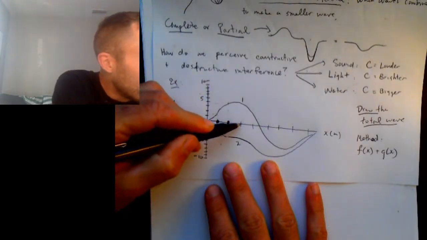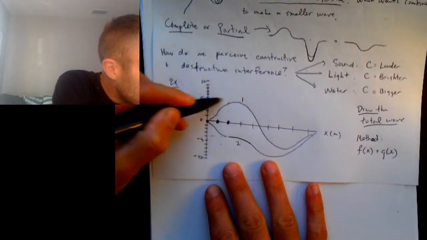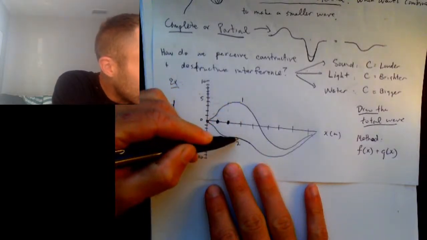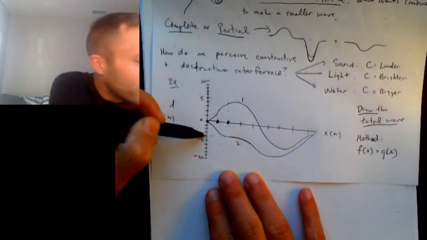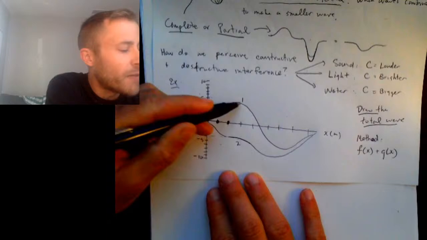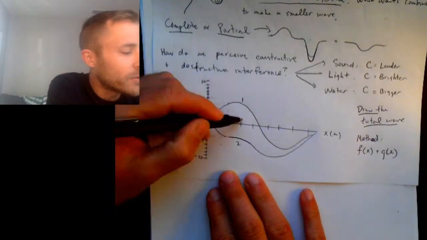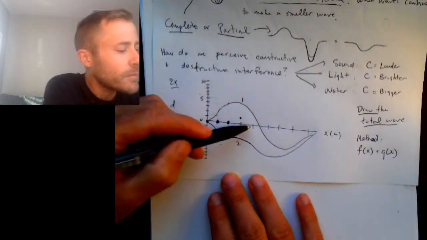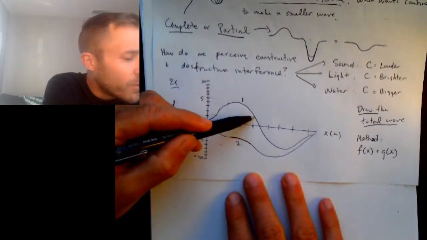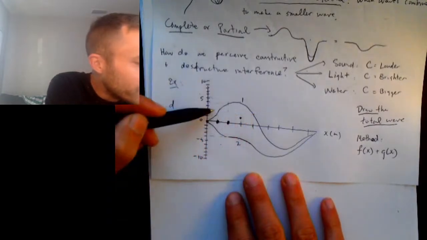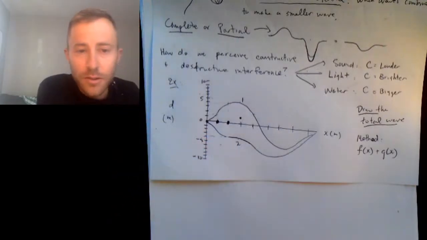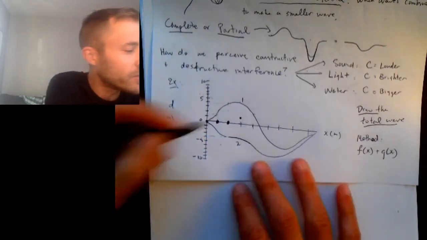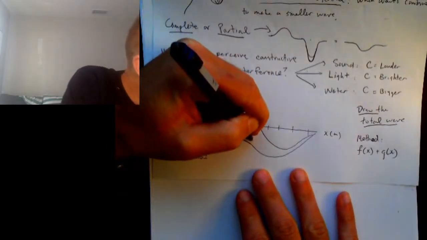Here, wave 1 has a value of, let's say, 5. Wave 2 has a value of still minus 4. So 5 plus minus 4 is 1. Here, wave 1 has a value of 2. Wave 2 has a value of minus 6. 2 plus negative 6 is negative 4.